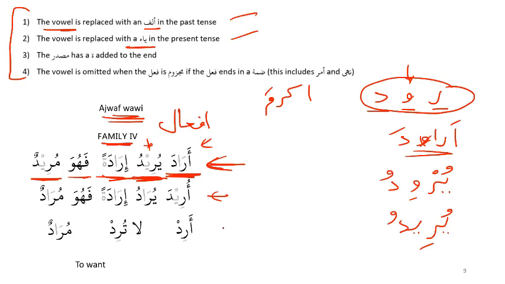The other thing I want to mention is this last row, which is the fail amar, the command, the nahi, negative command, and the zarf. So the vowel is omitted. With the commands amar and nahi, the vowel is omitted. Remember, with babe ifal, the command is the only command where you have a hamza with a fatha.